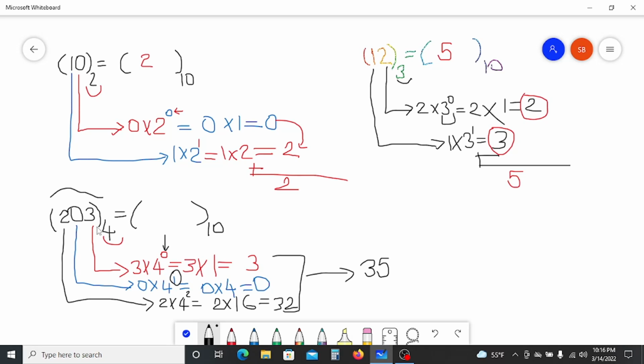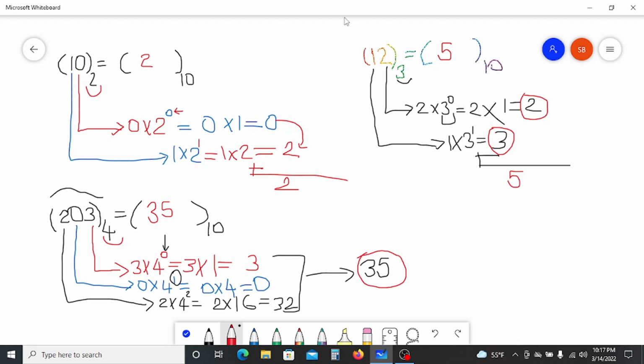I cannot say 203; I am saying 203 in base 4. So your new number, the conversion from base 4 to base 10, is equal to 35.